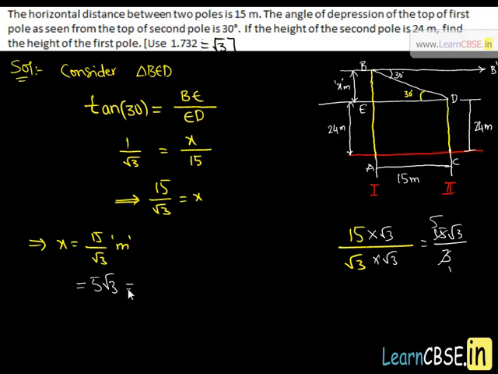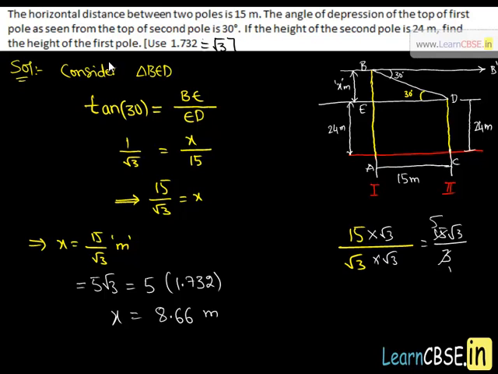In this question we have given the value of root 3 which is 1.732. Therefore 5 times 1.732 is approximately 8.66 meters. Thus we get the value of x.